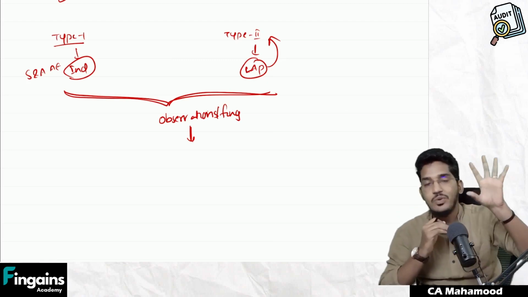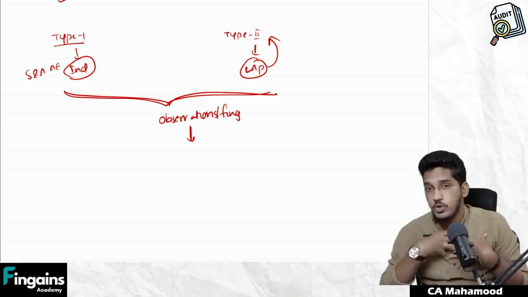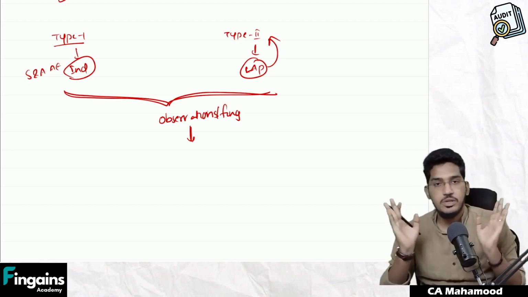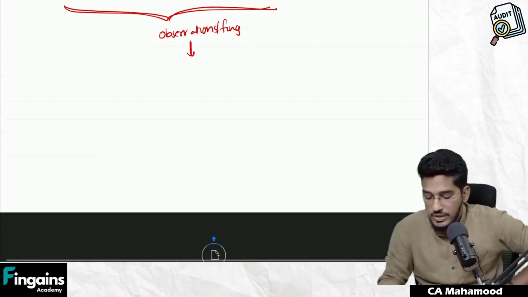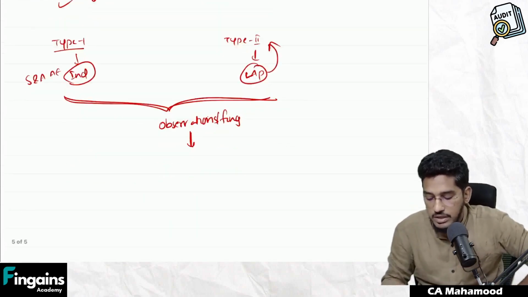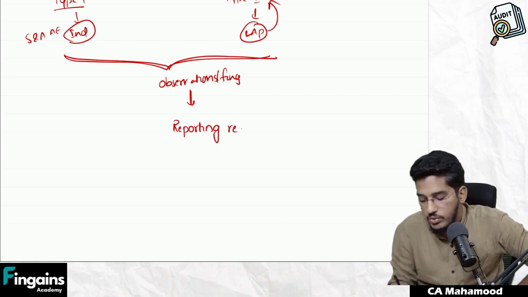Now, how will these findings have an impact on my auditor's report? How will these findings impact my opinion? That is the next most important part from this standard. That is what we are going to discuss: after we have done our responsibilities, how my observations are going to have an impact on my reporting requirements.